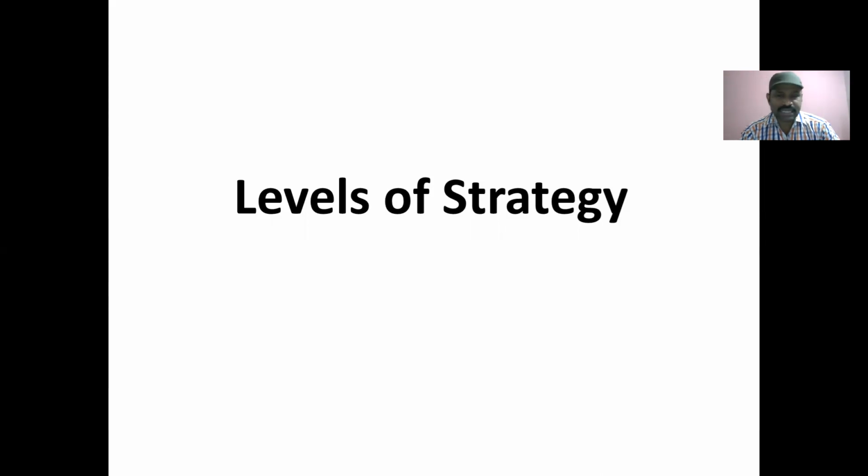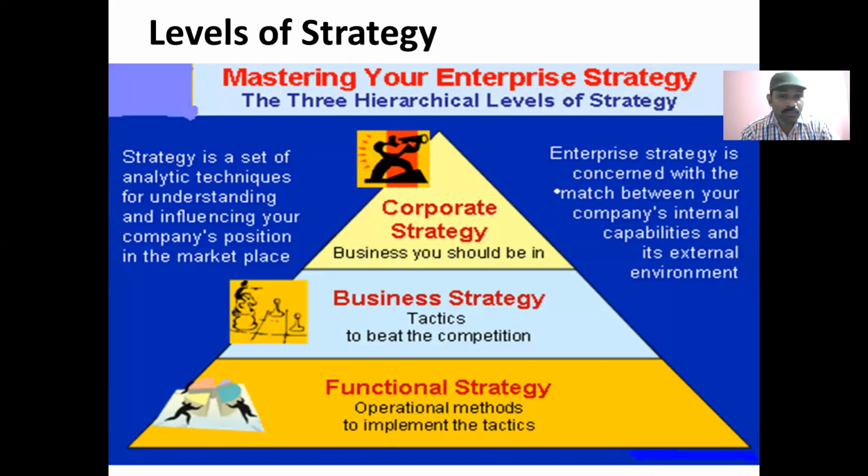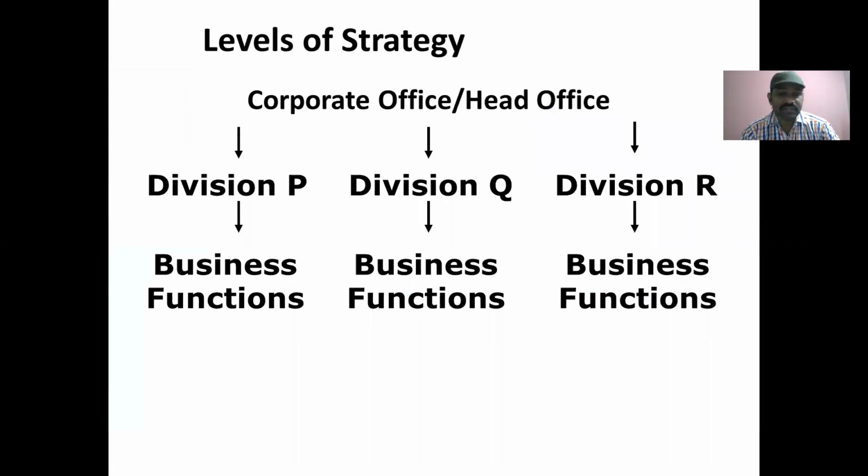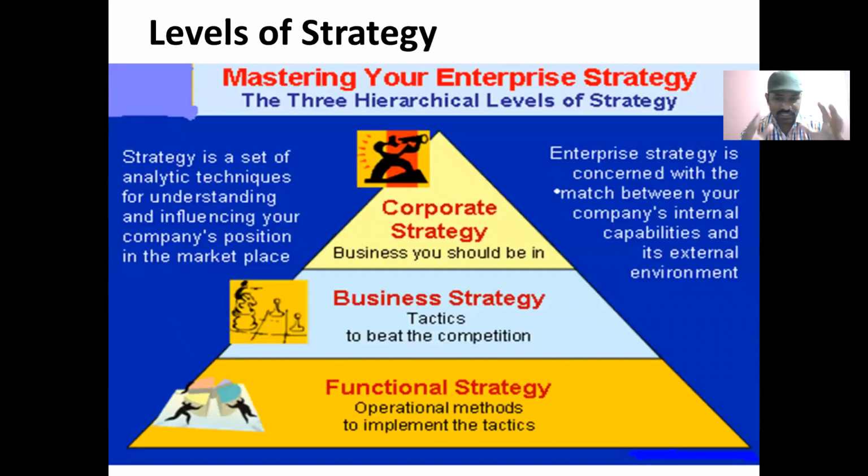Strategy in case of diversified companies like ITC, Tata Group, Reliance, etc., is usually formulated at 3 different levels, namely corporate level, business level, and functional level. Corporate level, business level or divisional level, and functional level. These are the 3 levels of strategy that we can see in diversified business organizations.